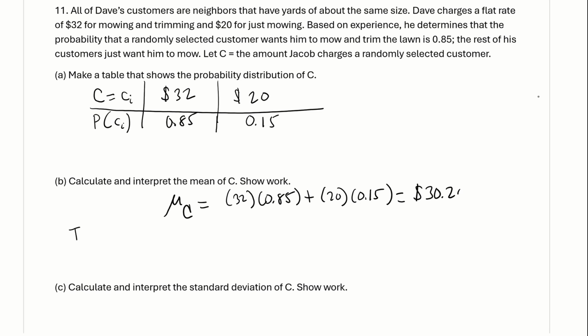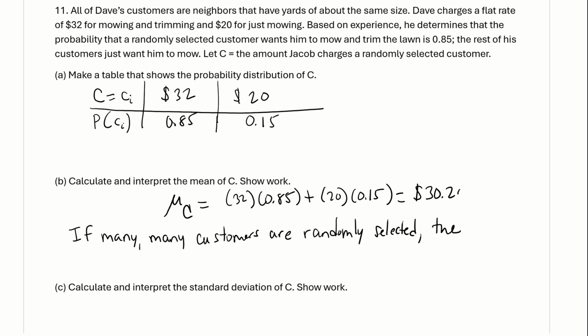So if many customers are randomly selected, the average charge would be about $30.20.